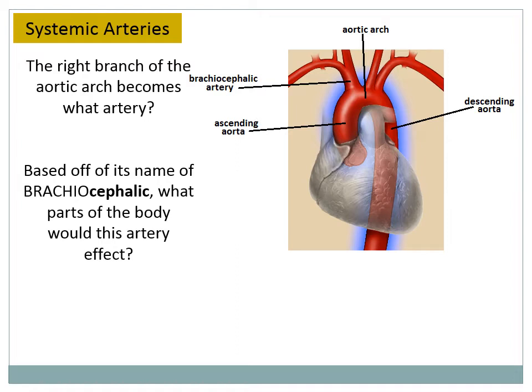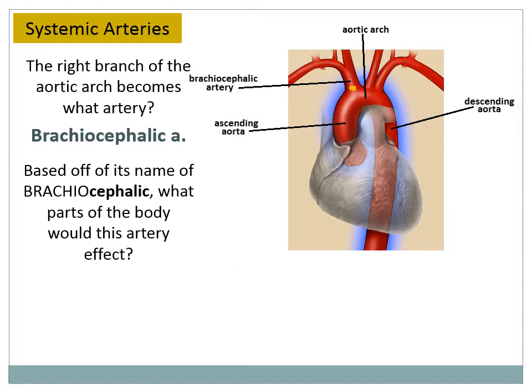This is going to be our right branch, this one that I have in yellow. What artery is the right branch? It's the brachiocephalic artery. So the brachiocephalic artery comes off the right branch of our aortic arch.